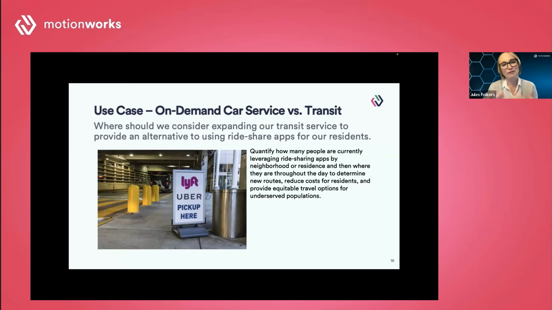Or in the out-of-home world, we know we're working with Ubers and Lyfts a lot and the media opportunities that exist there. And how do we potentially allow them to target where their vehicles should be located to really leverage the activity that's in a particular marketplace.